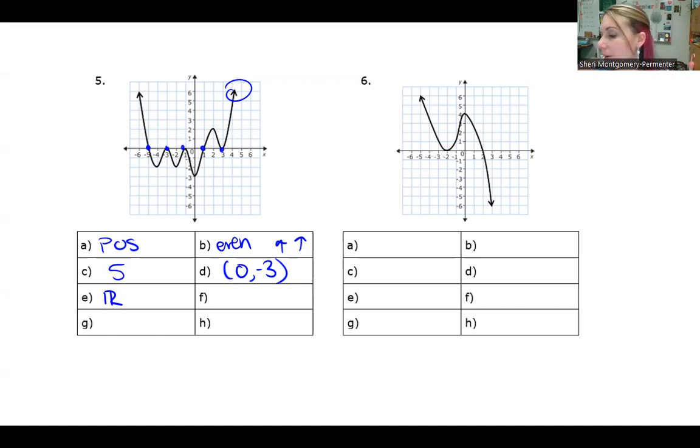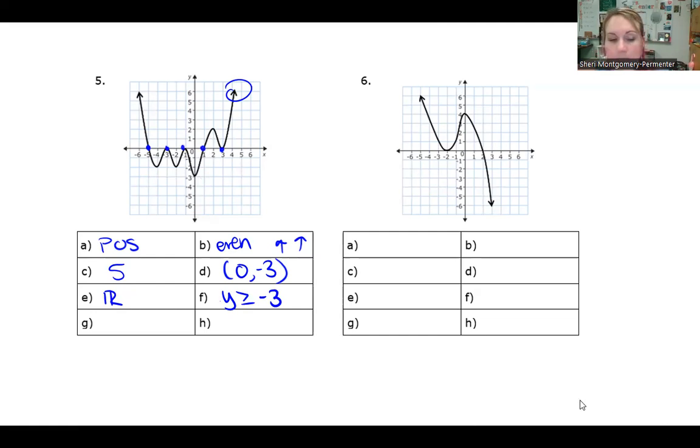How would I answer my range? Very good. So y is greater than or equal to -3. So you find, does your graph have a high point or a low point? When both arrows are pointing up, you're going to have a low point. So you find that low point and your graph is above, so greater than or equal to.